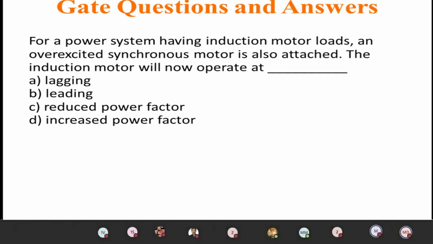They did not ask about the condition of the power system or overall power factor. They are asking how the induction motor operates. Even though it is connected with the overexcited synchronous motor, the induction motor can only run at lagging power factor. So adding a synchronous motor will improve the power factor of the system, but the induction motor will still work at lagging power factor only.